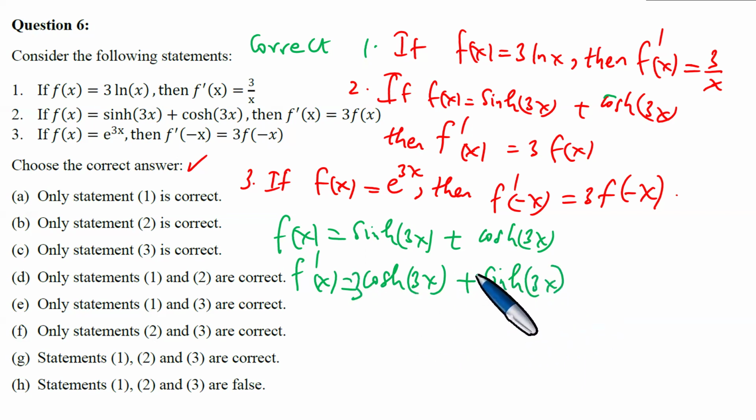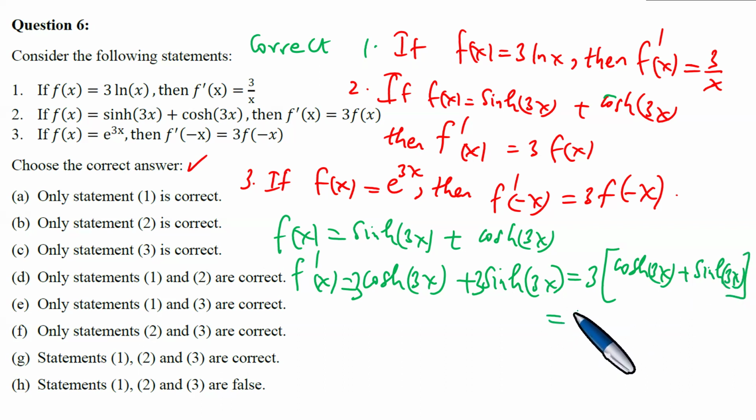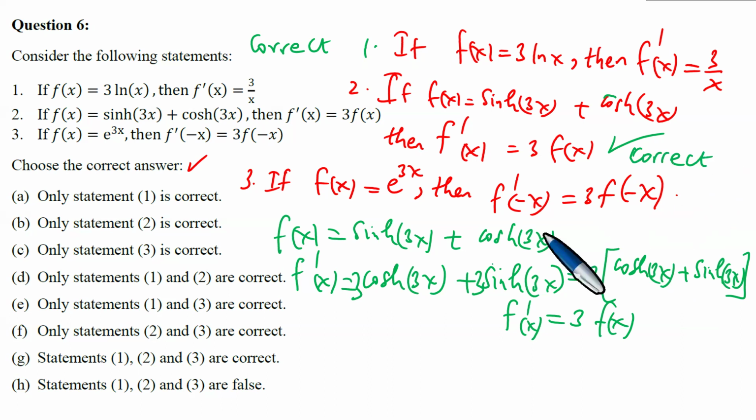But remember you put 3 there because of the chain rule. Then 3 can be taken out as a common factor, giving the cosh of 3x plus the hyperbolic sine of 3x. Upon careful examination, this is f of x. So indeed it is correct to say f prime of x is 3 f of x. So option 2 is also correct.